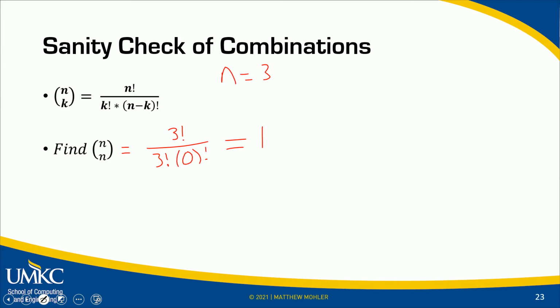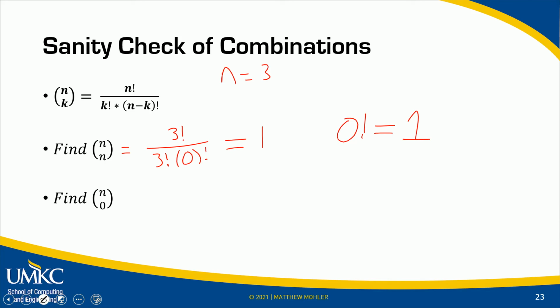So for this to work, we have to adopt a convention that is common in most areas of mathematics and will be the standard for the entire course, and that is that 0 factorial is equal to 1. And as long as we utilize that, then this right here becomes 3 factorial divided by 3 factorial and does in fact equal 1.